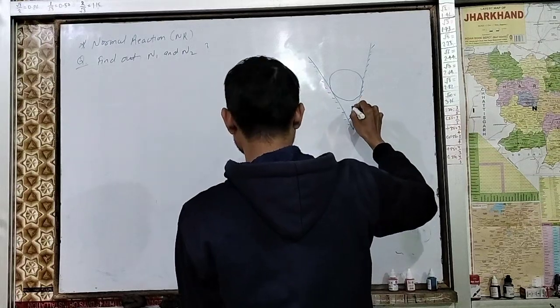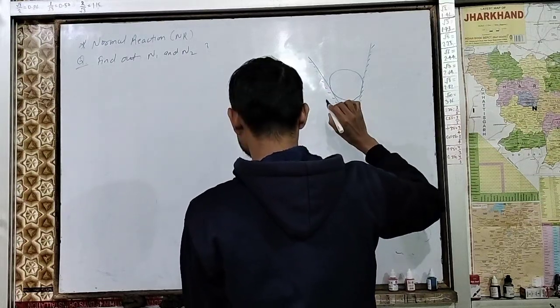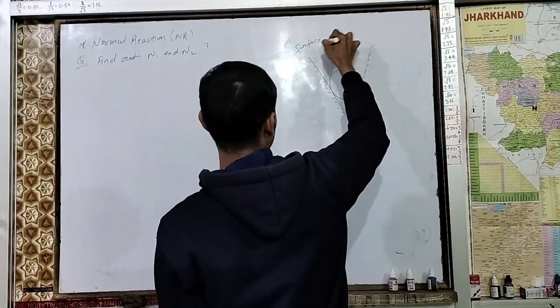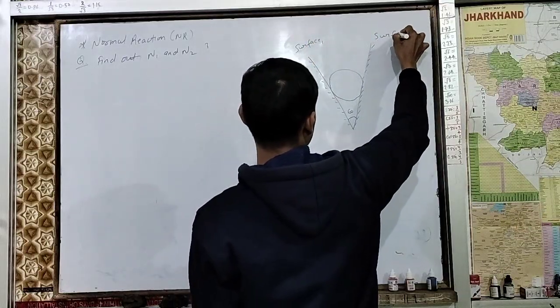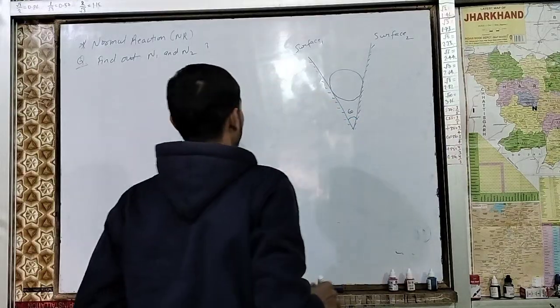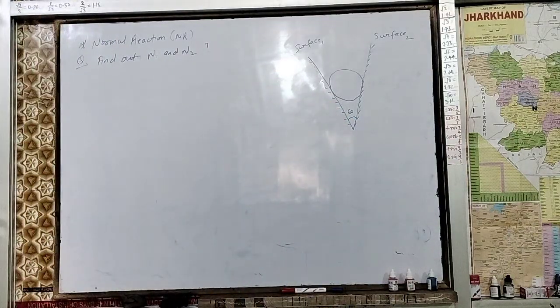The angle between the walls is 60 degrees. This is surface 1 and this is surface 2. The question is asking for normal reactions N1 and N2.